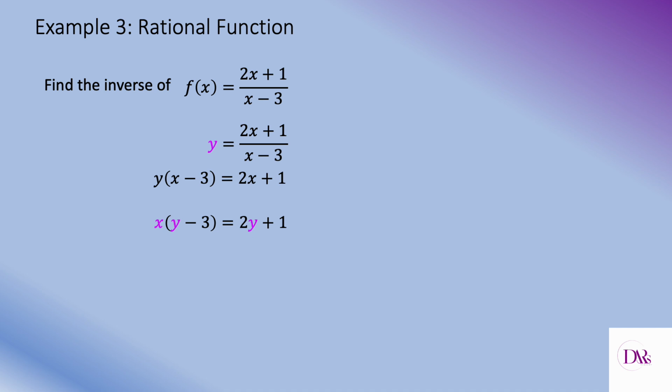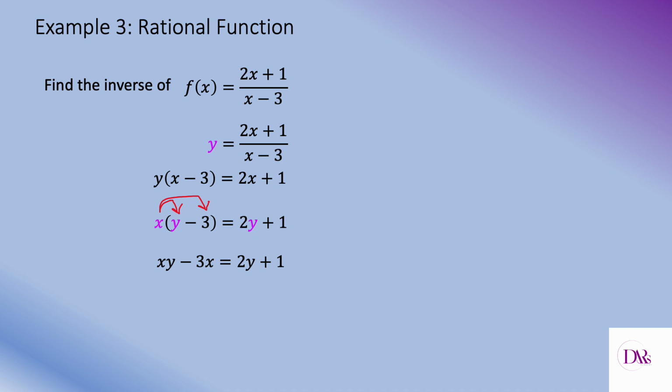So x times, in parentheses, y minus 3 equals 2y plus 1. Our next step is we're trying to have y as our subject, or solve for y. So before we do that, let's remove our parentheses by distributive property. What I mean by that, I am going to multiply x times y and x times negative 3.